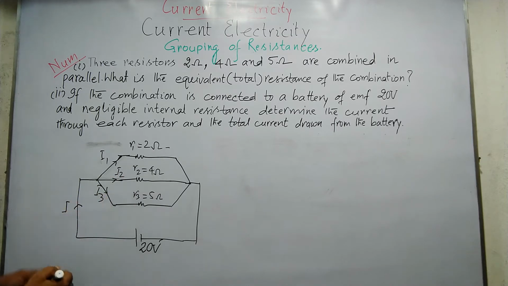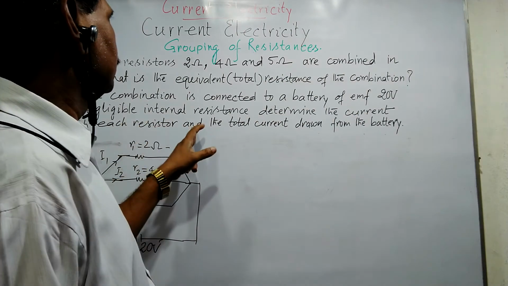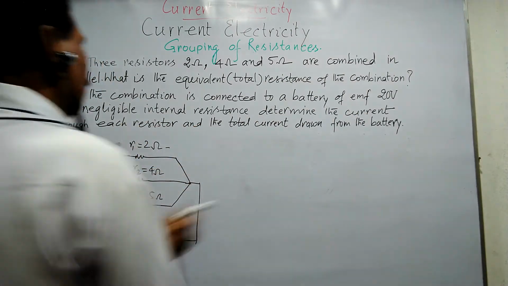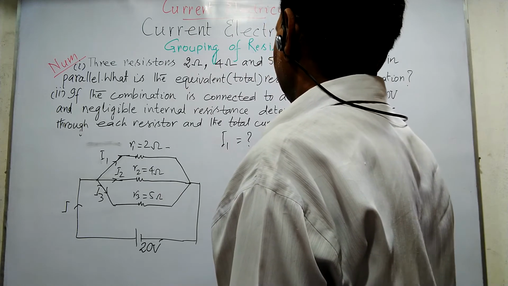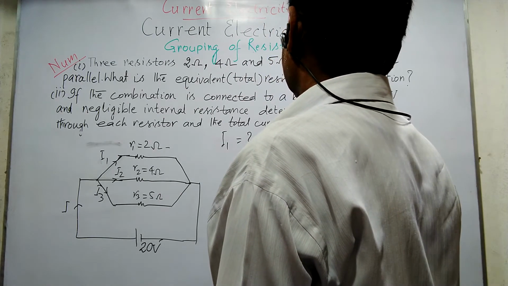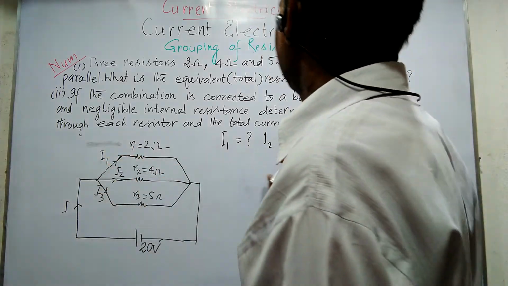We have to determine the value of I1, I2 and I3. ये तीनों के थ्रू करंट कितना होगा वो निकालिए.